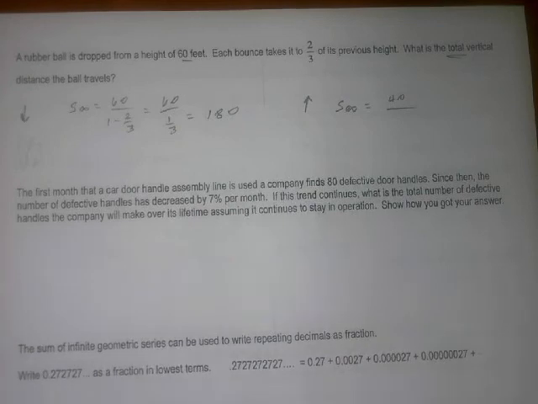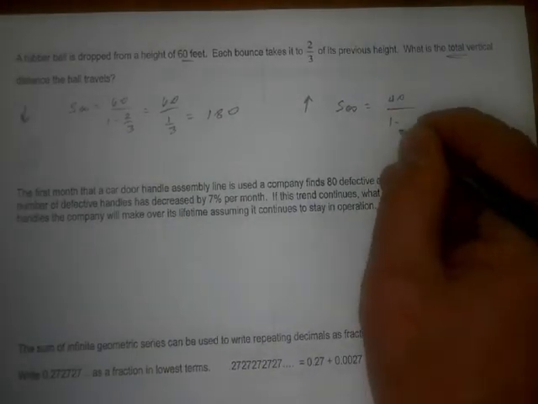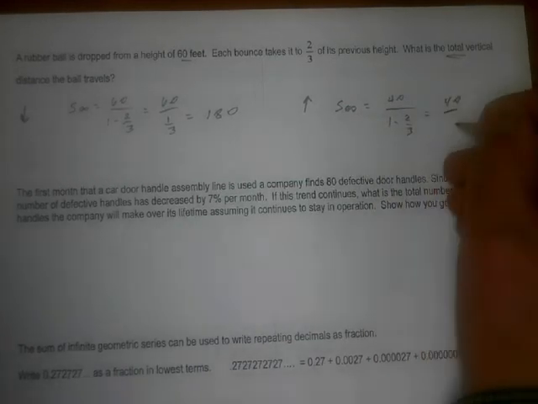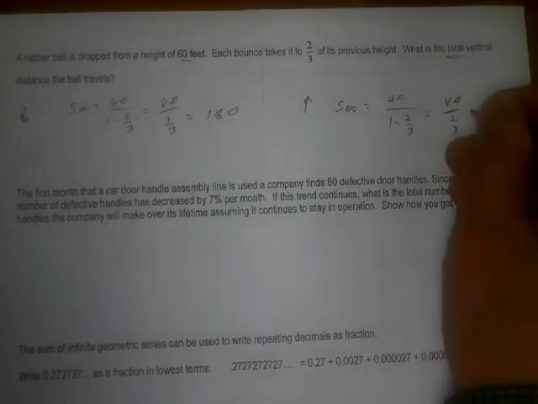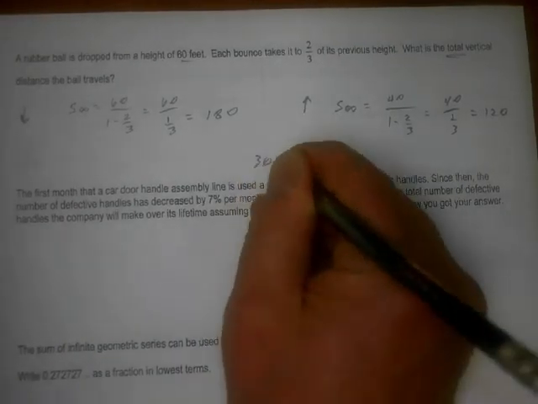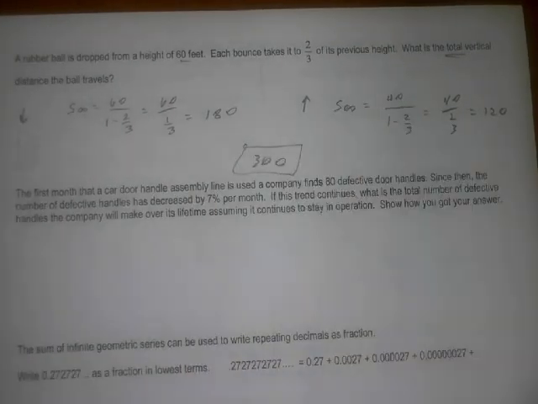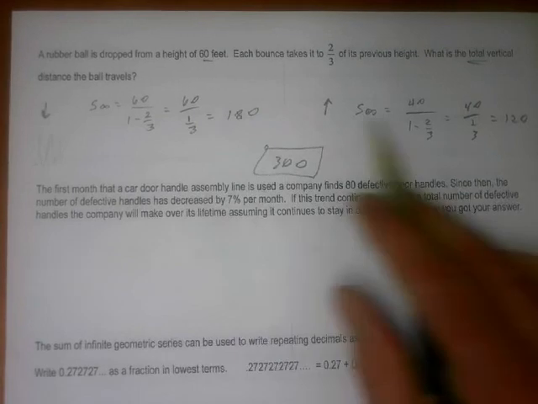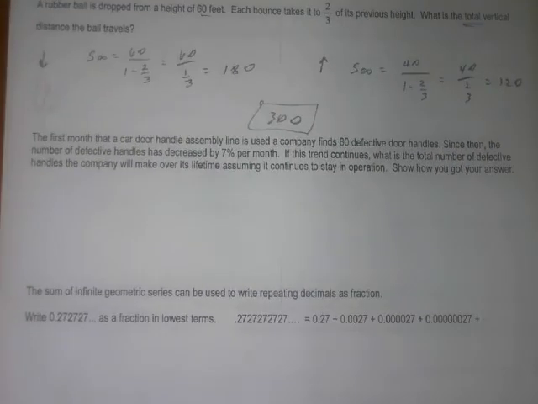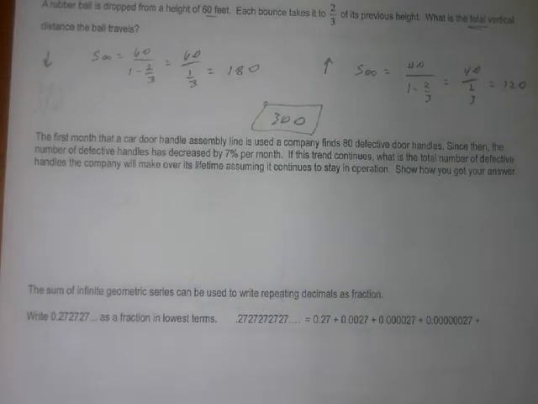S of infinity is going to be 40 over 1 minus 2/3. I got 40 because 2/3 of 60 is 40. That equals 40 over 1/3, which equals 120. So the total distance traveled is 300 feet. Take 180 and add it to 120.